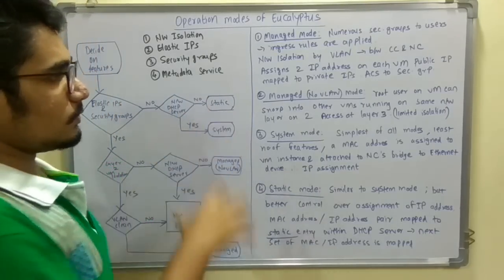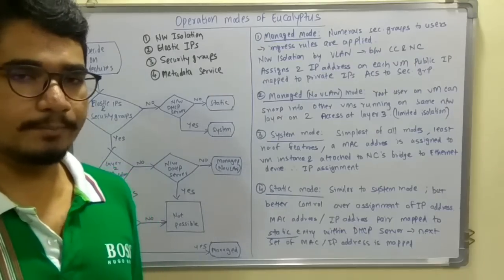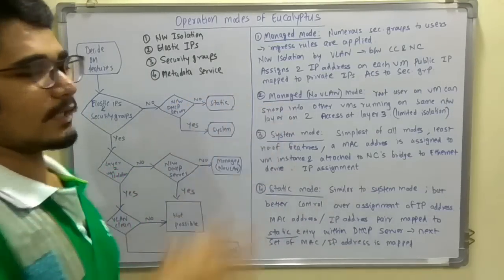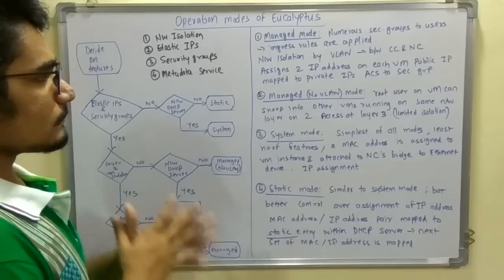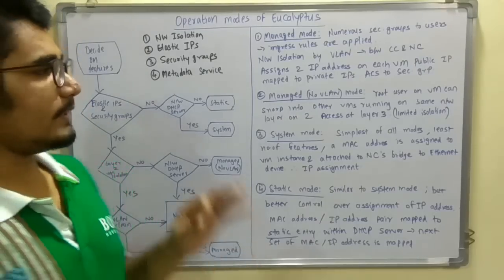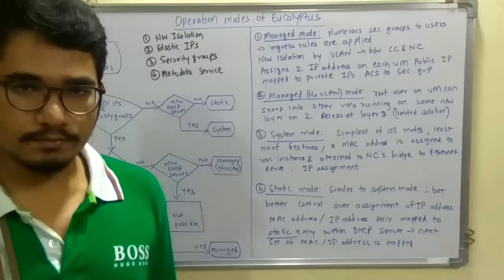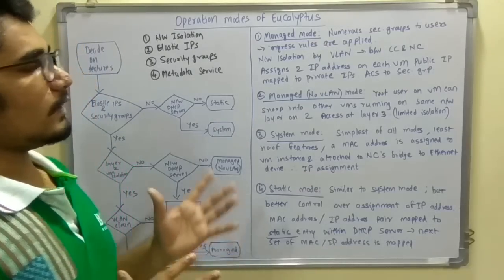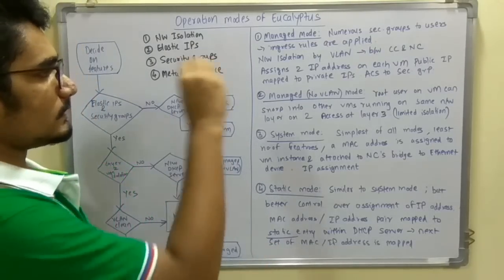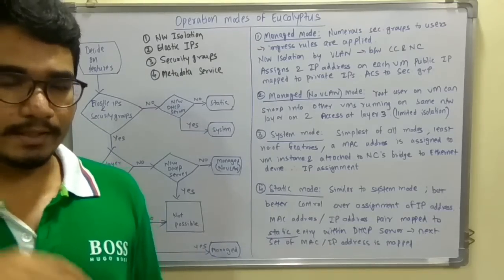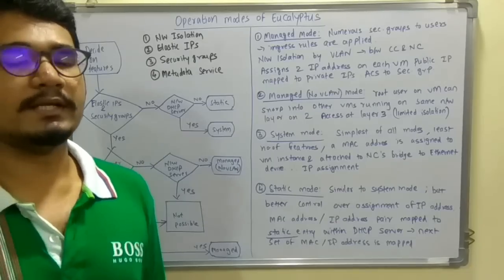In order to assign these private IP addresses, you need to go through all of these things. So first of all, it does all four services, and I will talk about them one by one. First is the network isolation. Network isolation in managed mode is done by means of VLAN, that is, a virtual local area network. It has its own internal VLAN system.